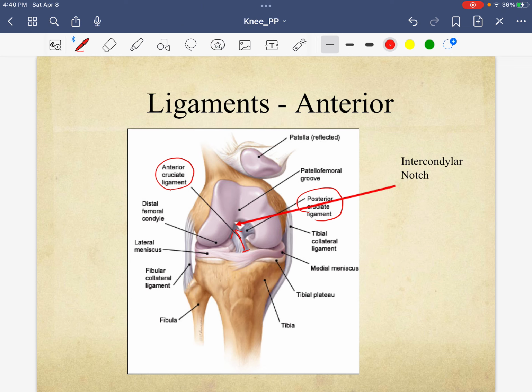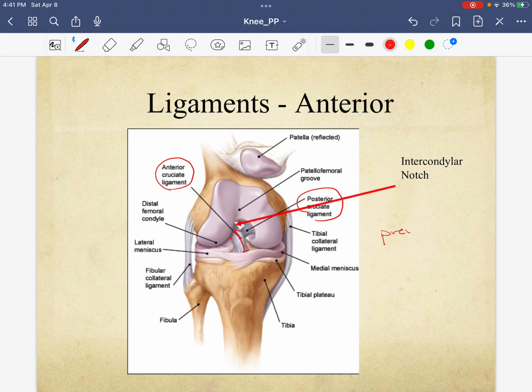Let's talk about function. The anterior cruciate and posterior cruciate are there to prevent excessive anterior and posterior femoral translation.